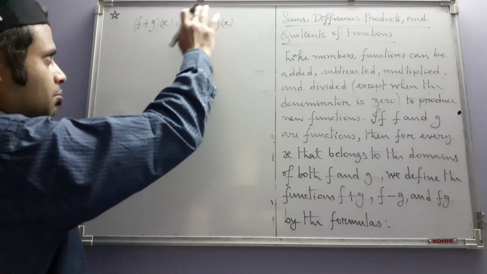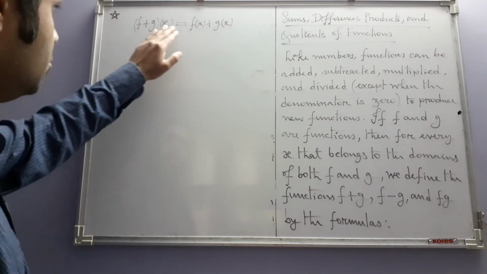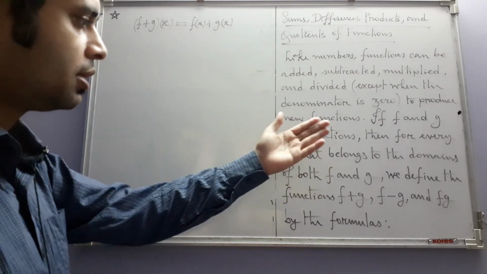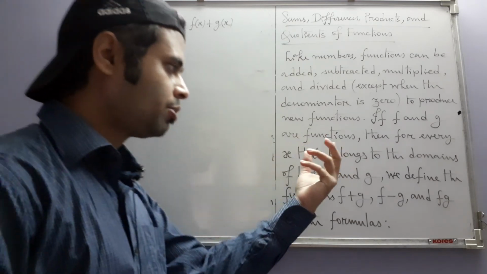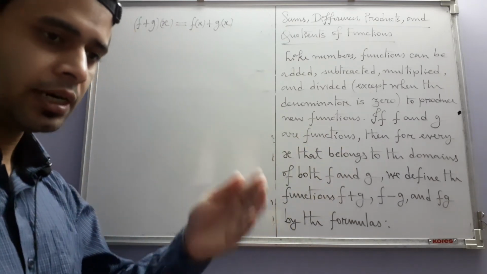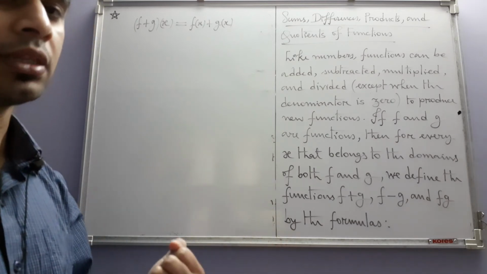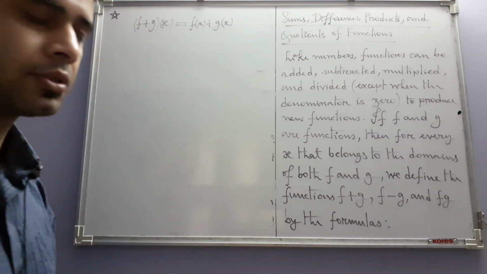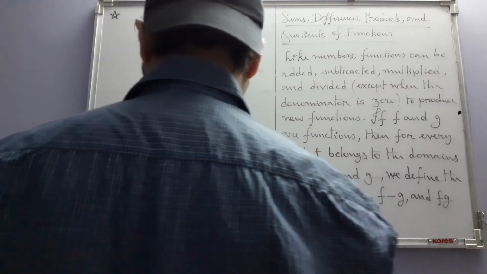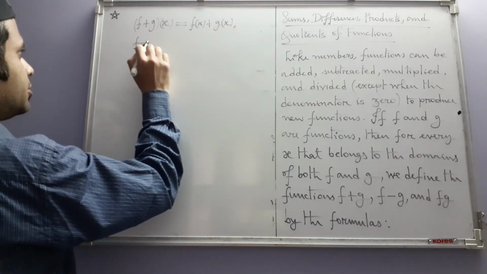So for both of these symbols to have some sort of meaning, we need x to belong to the domains of both f and g, and for that the domains of f and g should have some intersection in the first place, otherwise this function cannot be defined. So this is one.